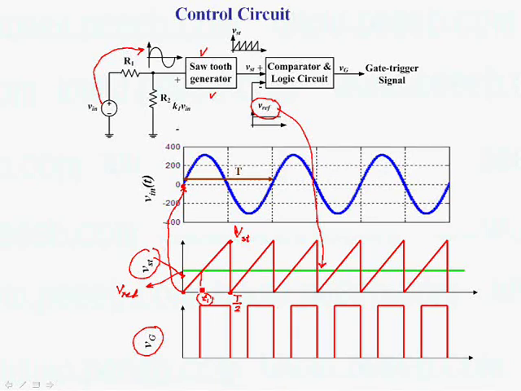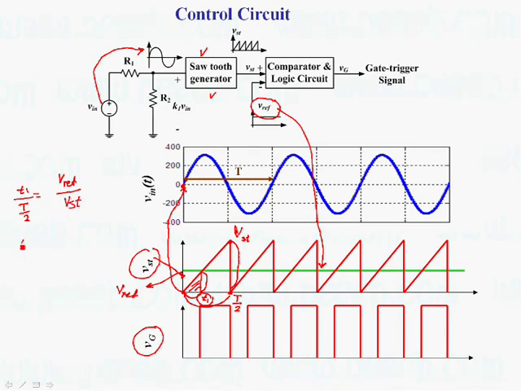If you look at this small triangle, the ratio of this side over this side is T1 over T/2, which is equal to the ratio of this side, V reference, over this side, V sawtooth.